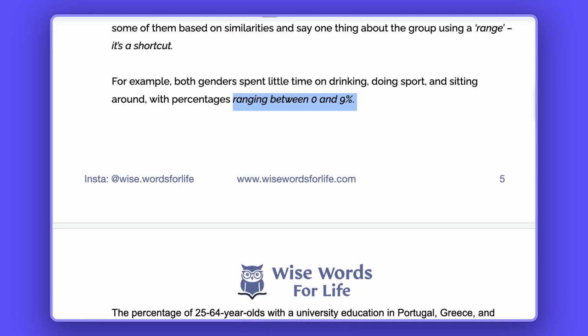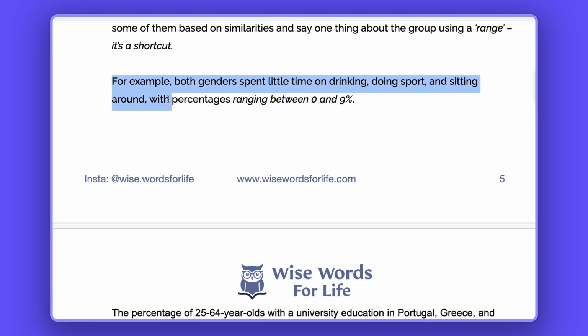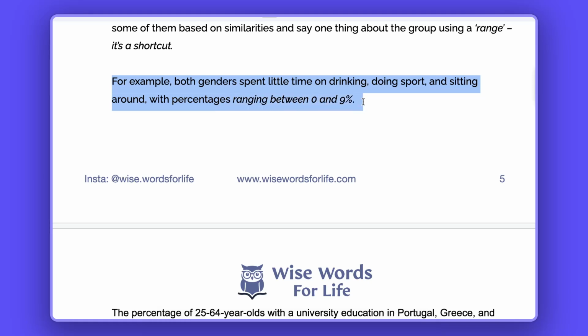For example, both genders spend little time on drinking, doing sport, and sitting around, with percentages ranging between 0 and 9%. This helped me to avoid listing the percentages for men and for women for each of those 3 categories. That would have been 6 percentages. That would have taken up a lot more time and space.